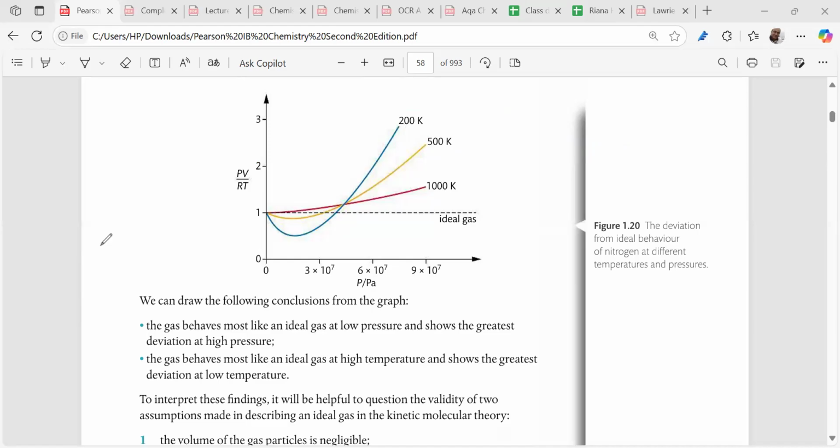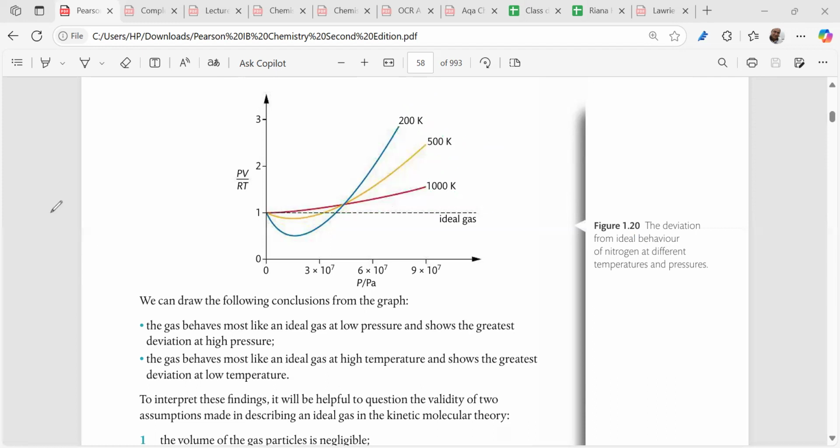Now here is the important part. At what temperatures do real gases behave as an ideal gas? Which graph is closer to the straight line?